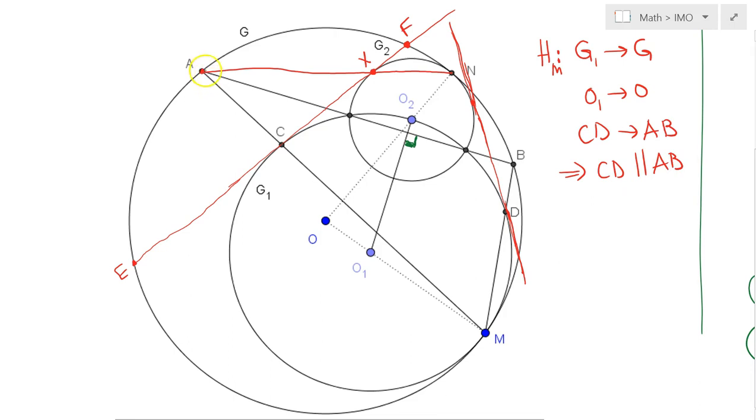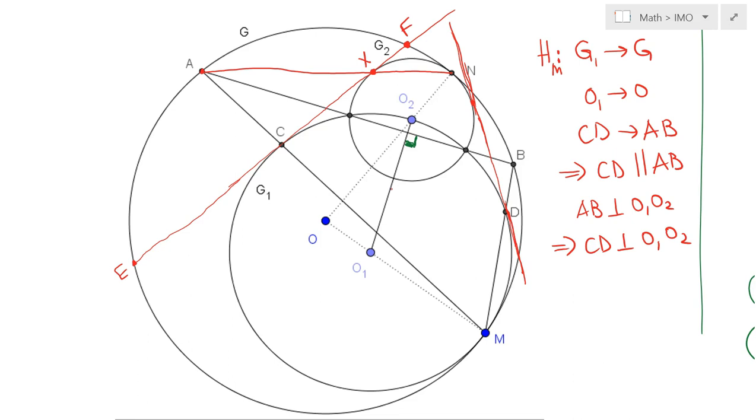But we already know that AB is perpendicular to O1O2. AB being perpendicular to O1O2 would imply also that CD will be perpendicular to O1O2. So if I did draw the line CD, it would make a 90-degree angle with the line O1O2.